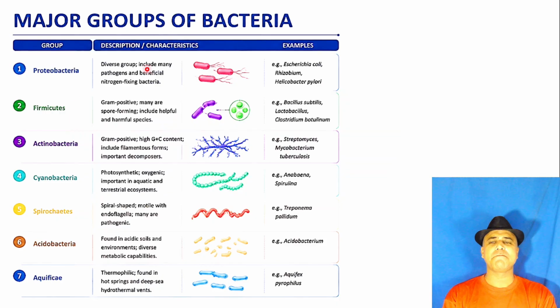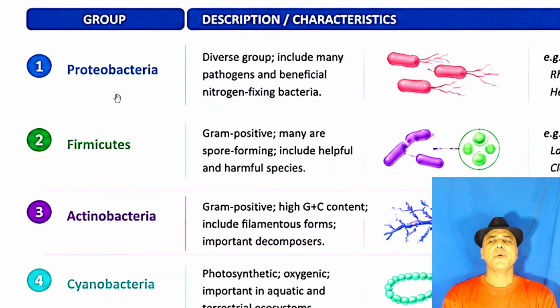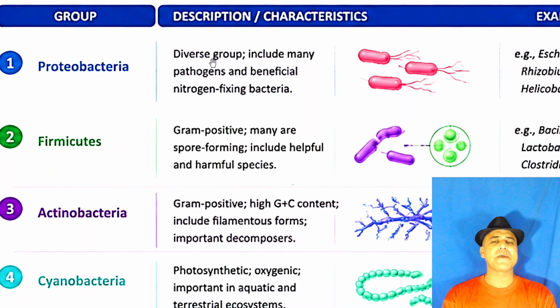Major groups of bacteria: Proteobacteria, a diverse group that includes many pathogens and beneficial nitrogen-fixing bacteria. Firmicutes, gram-positive, many are spore forming, include helpful and harmful species.